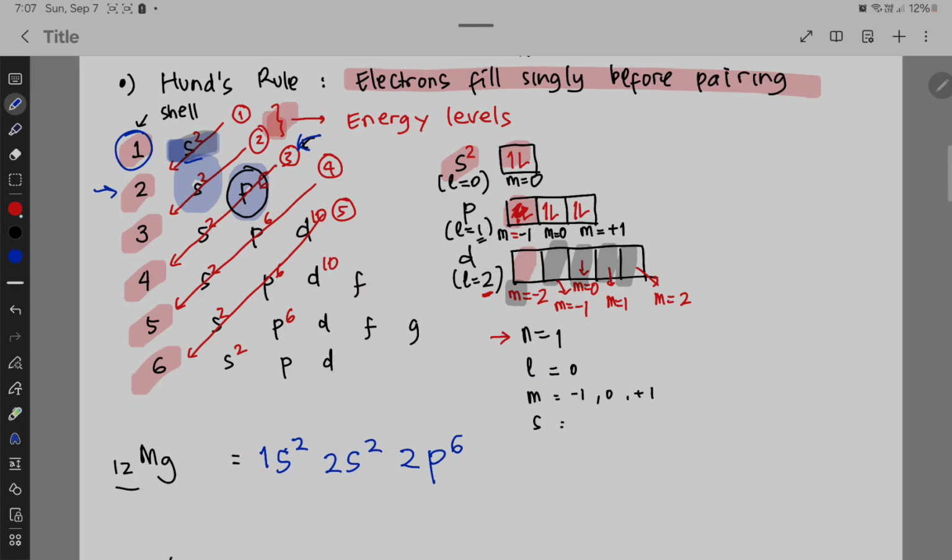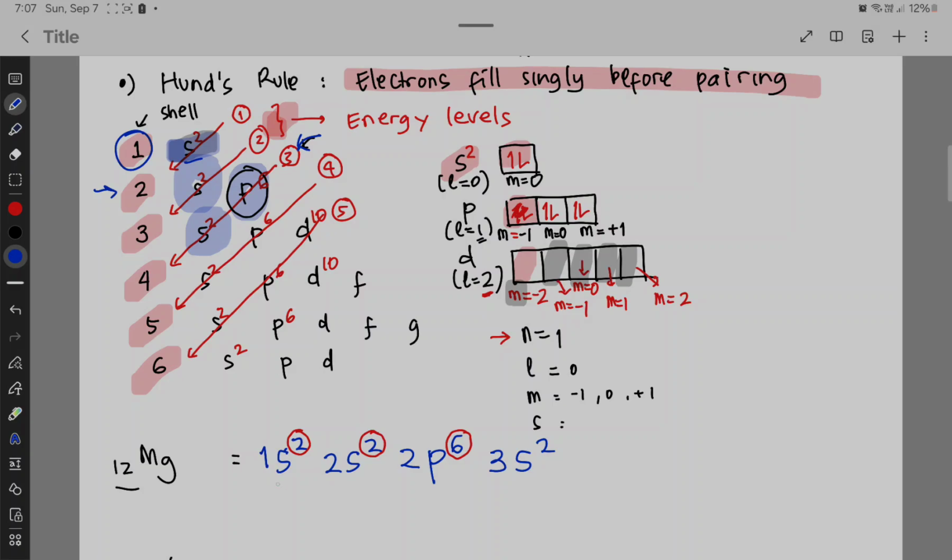If we add more electrons, it is still 10 electrons, so we have to move to another energy level. We move here, shell 3, subshell s, and there are 2 electrons there. So this is the electron configuration of magnesium.